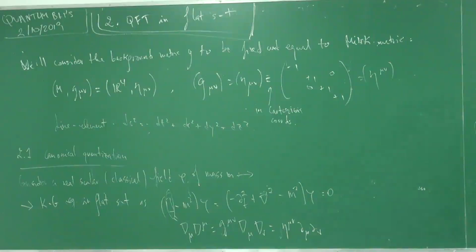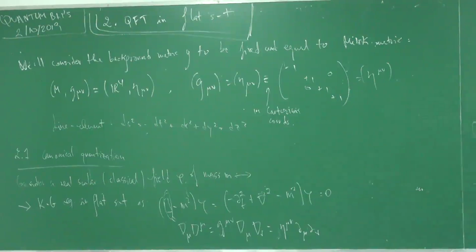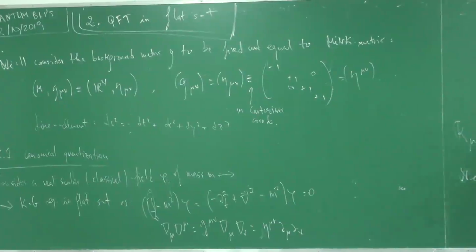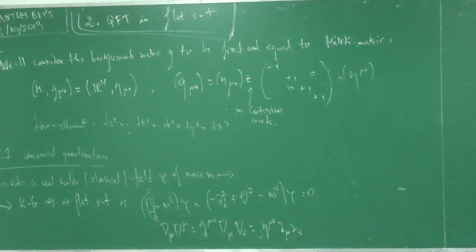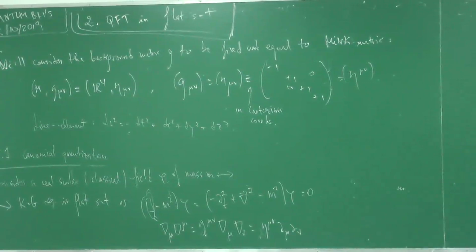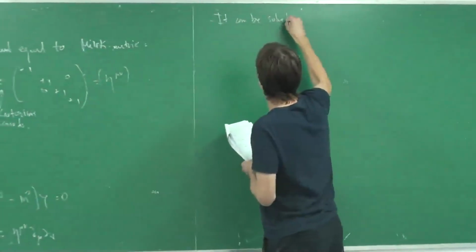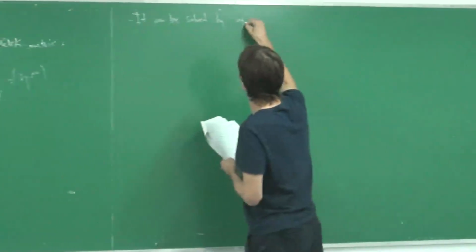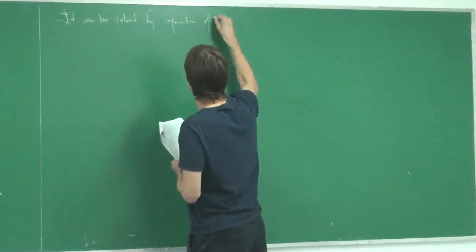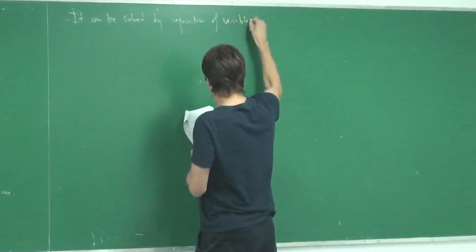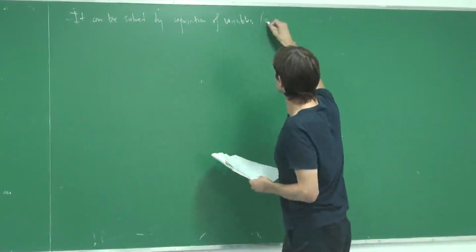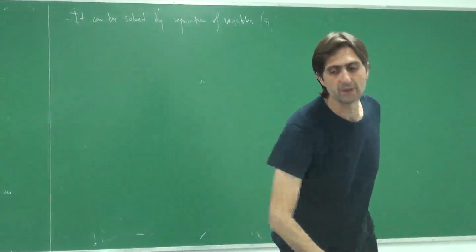And now you can solve this. We're just in flat space now, so this is trivial. You can do separation of variables to solve this PDE, this 3 plus 1 PDE. You can just do separation of variables, some spatial Fourier transform.